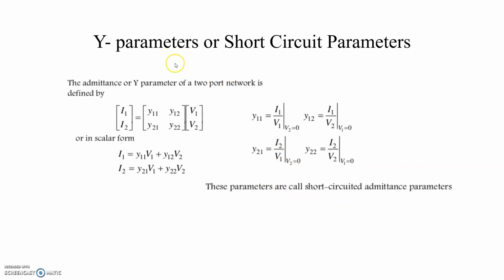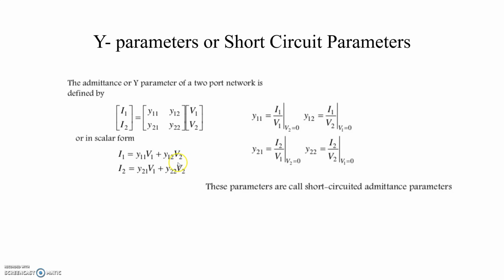So next one, Y parameters or short circuit parameters. This is otherwise called admittance parameters. This is the general matrix form, and this is the scalar form. Here I1 and I2 are the dependent parameters, and V1 and V2 are the independent parameters.